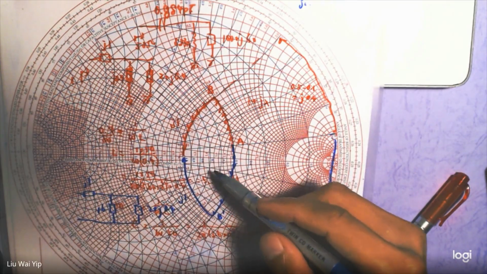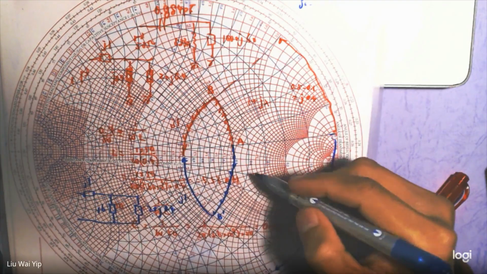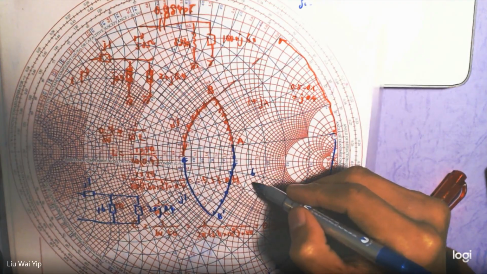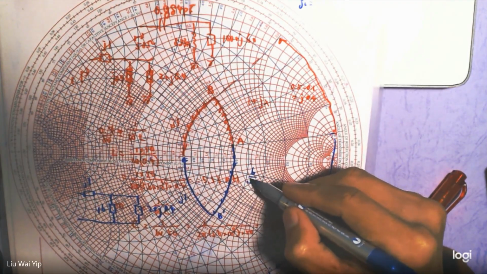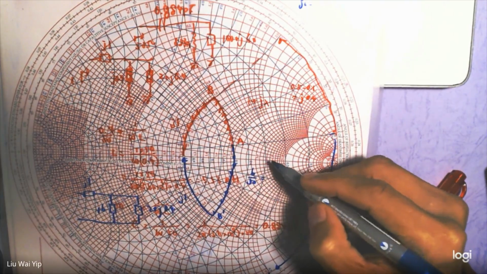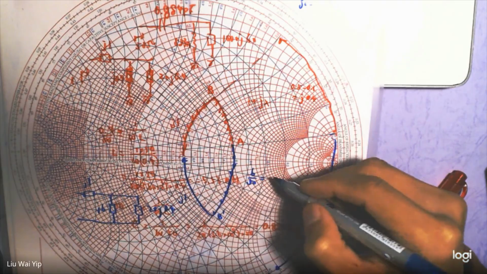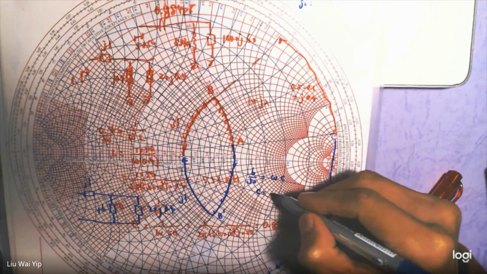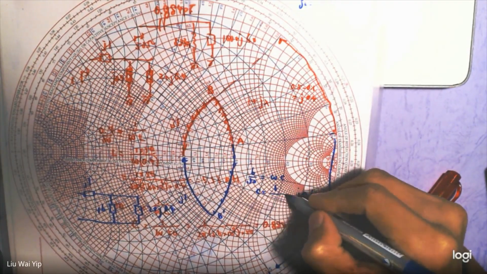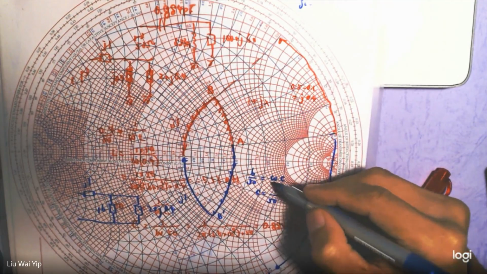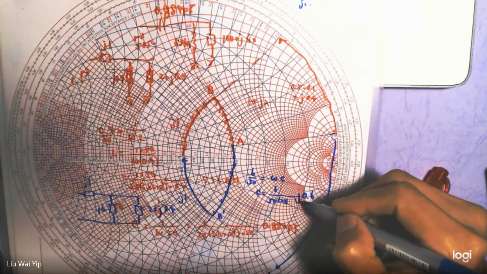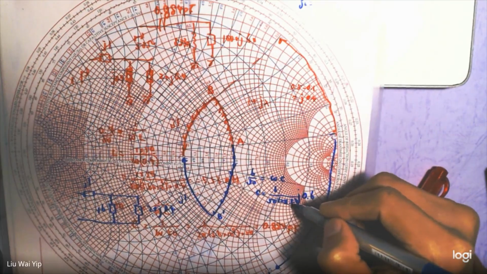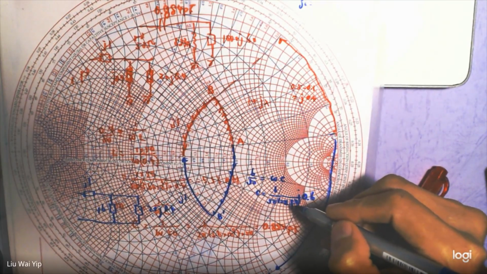So first of all, 0.6 and then normalized value of 50 will be equal to, we need the capacitance. So omega C. So C will be equal to 0.6 over 50 and then 2 pi f. f means 3.6 GHz.